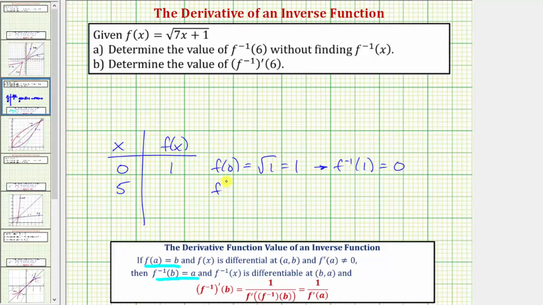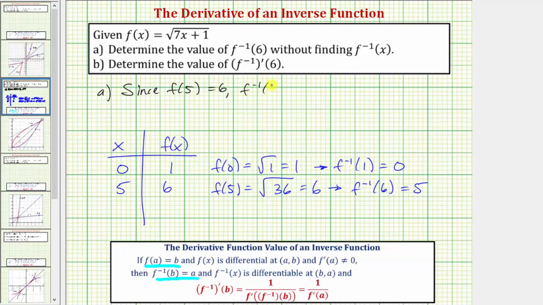So again, f of 5 would be equal to the square root of 7 times 5 plus 1, which is 36, which equals 6. So because f of 5 is equal to 6, we now know f inverse of 6 must equal 5, which is the answer to part A. So for part A, let's say since f of 5 equals 6, f inverse of 6 equals 5.